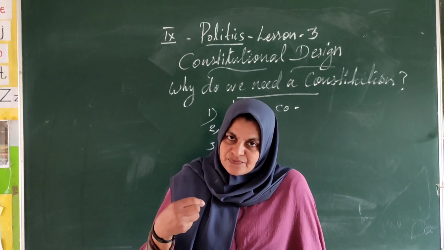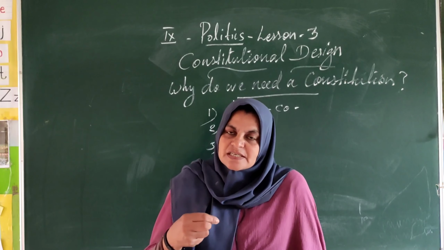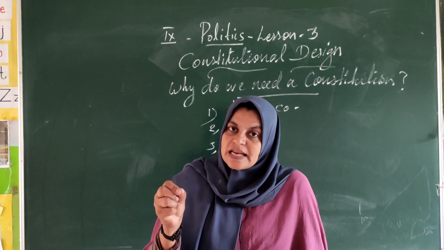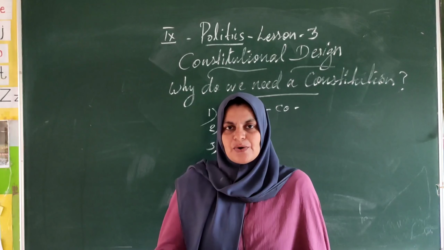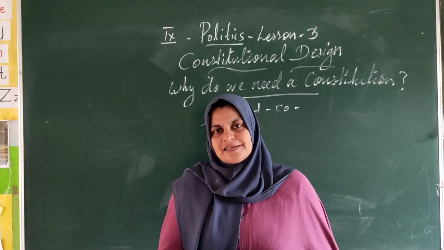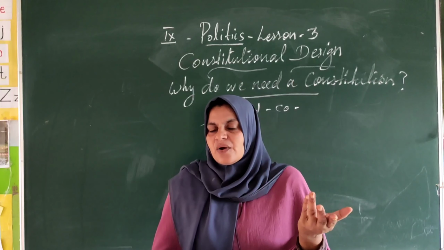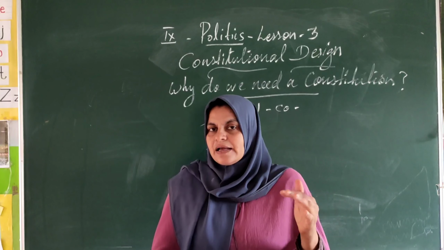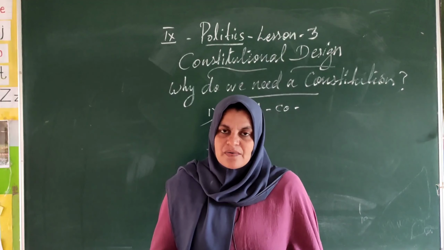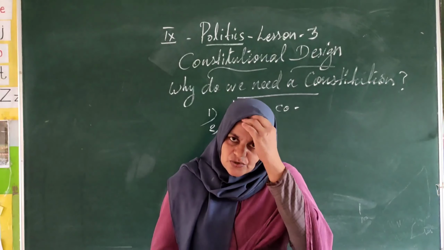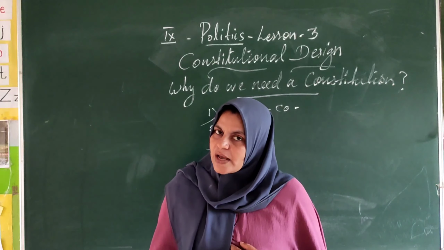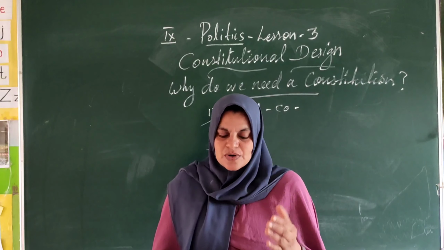It will also inform us what the rights of the citizens of that country are and what the limits of the powers of the government are. So both we can understand. The government cannot cross the limit of its power, and the citizens should understand their duties and rights also. Am I right? Okay, so you understood.